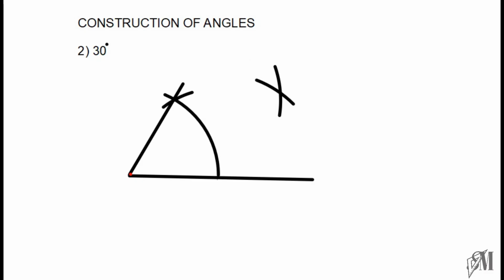So this point of intersection and the vertex of the previous arc must be joined like this with a straight line. Initially we constructed 60 degrees and now we have bisected it. So each of the two angles on either side of this red line is equal to 30 degrees. So I hope it is clear how to construct 30 degrees now.